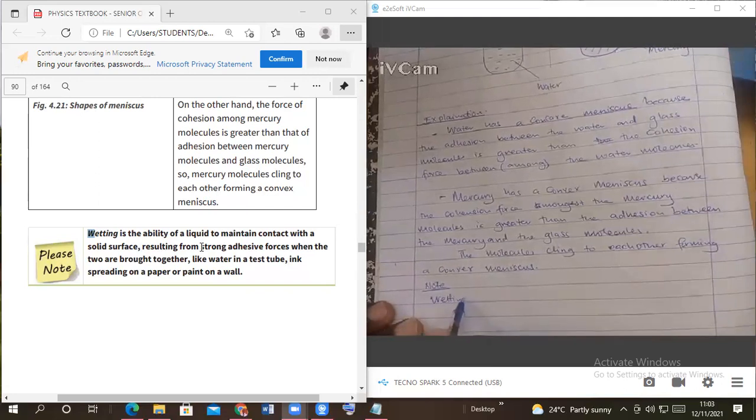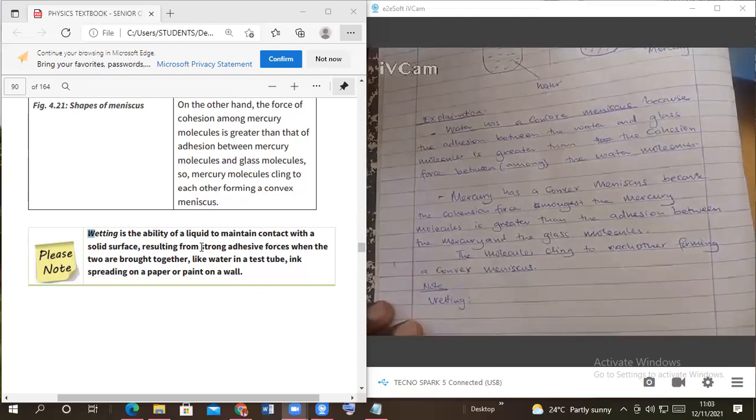So water wets glass, meaning that water sustains or maintains contact with glass. Glass is a solid, so water can stay on glass. So meaning that water wets glass.